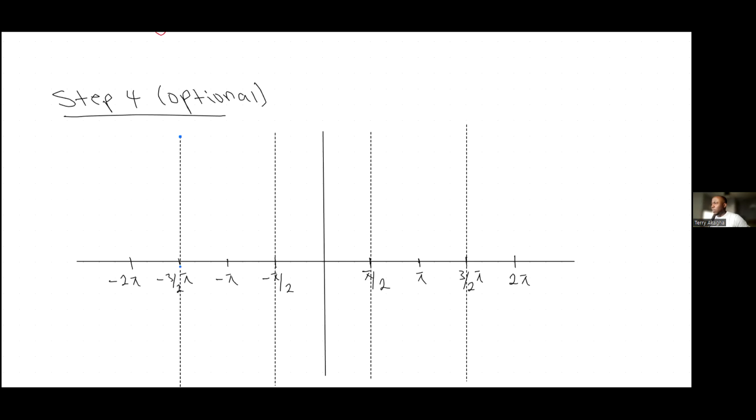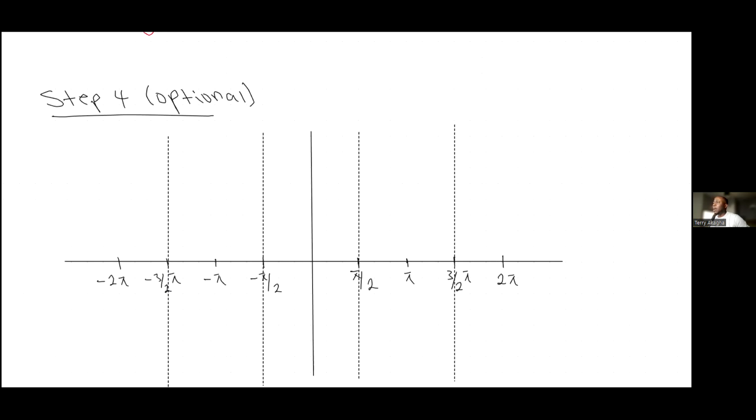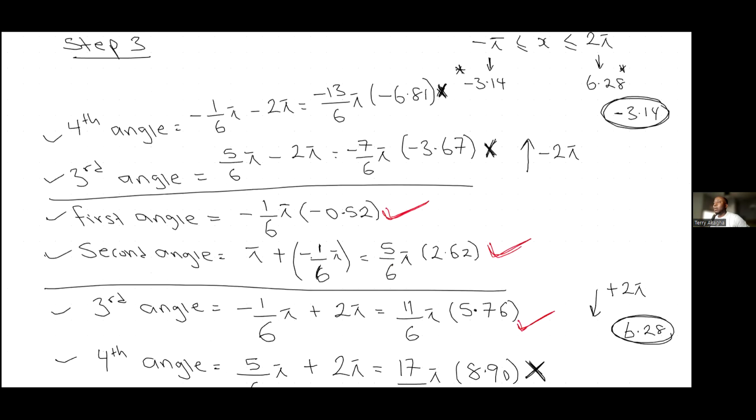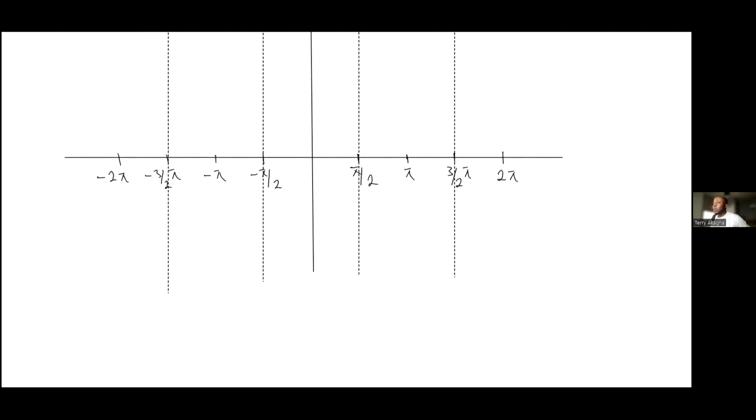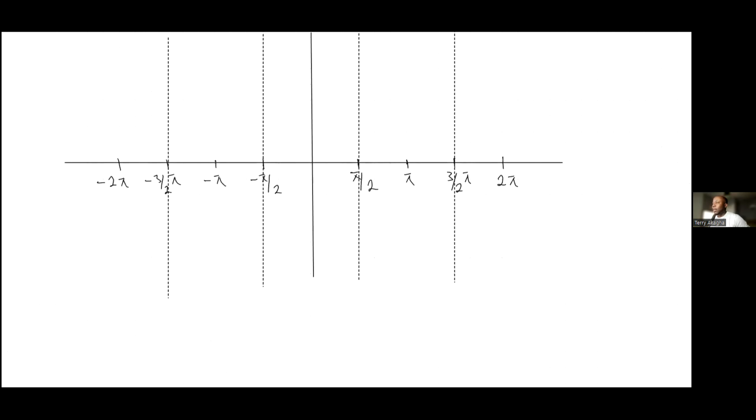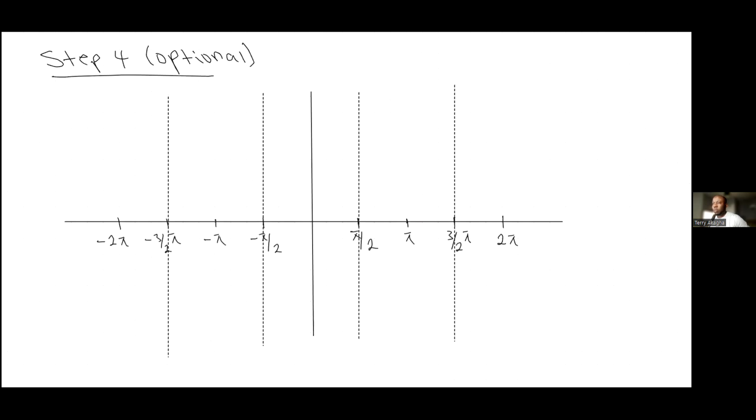Now, what was the range for this question? I think it was not up to 2 pi. Let me just check. It was between minus pi and 2 pi. So that was it. Then, like I told you, we're gonna draw. So it goes through the x-axis. Do you remember?